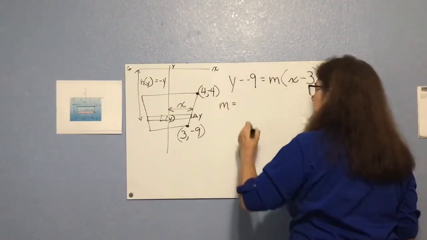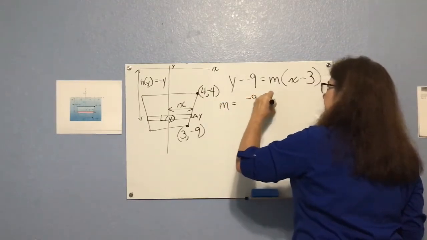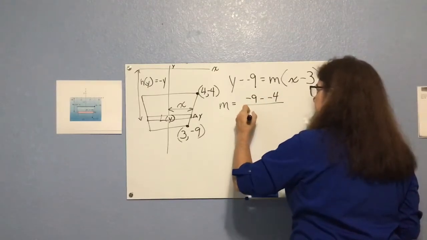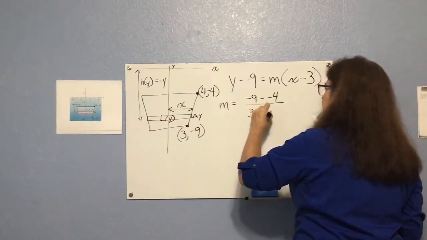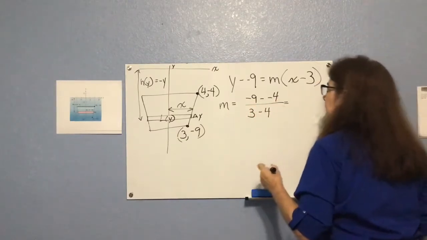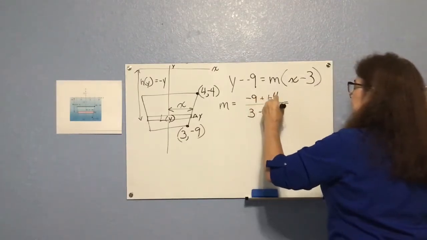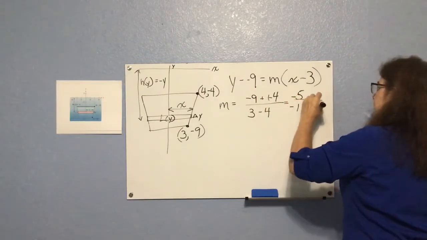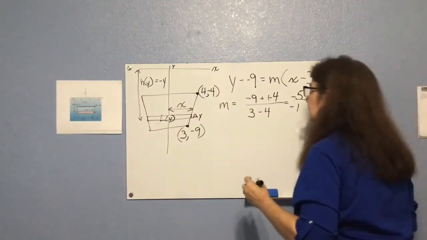M is going to be equal to -9 minus -4 over 3 minus 4, so I end up with -5 over -1, so the slope is 5.